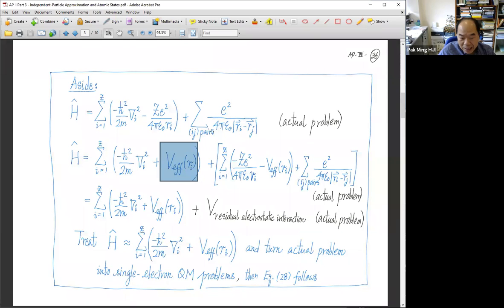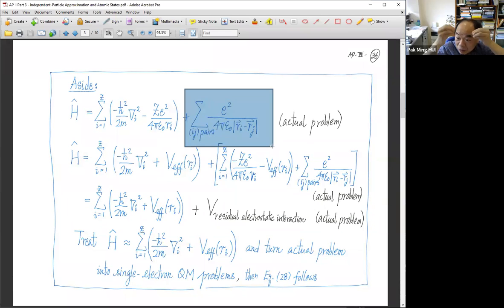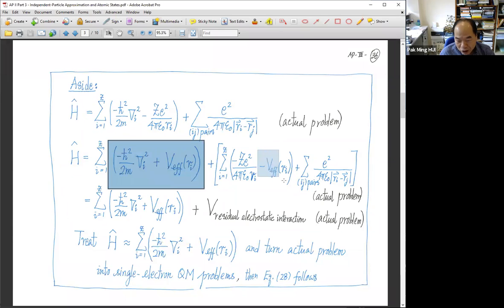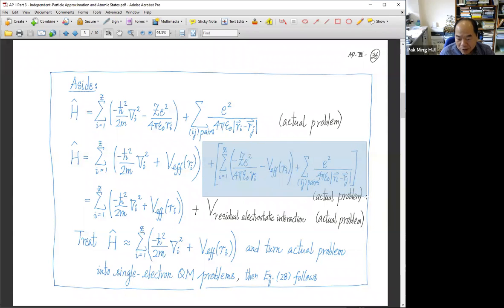Of course, the exact form is this electron-electron repulsion. So if you want this to be like that, of course, you can subtract it out. Okay, so if you stop here and ignore this term, this is what we just assumed. That is to say, if you want to do it more accurately, you can come back later and treat this remaining term as perturbation.